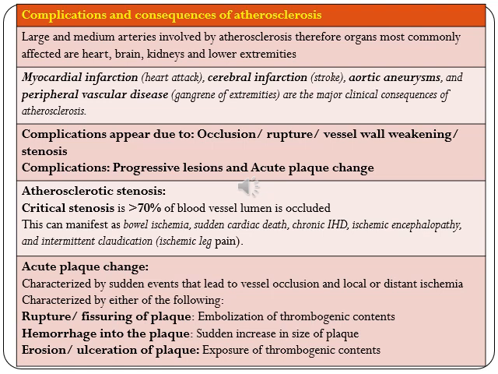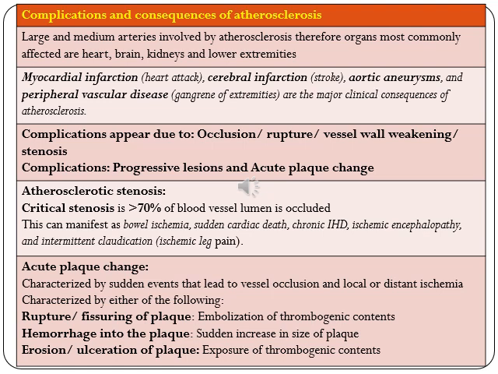This critical stenosis will now compromise the blood supply of the end organ, and this can present as bowel ischemia, sudden cardiac death, chronic ischemic heart disease, ischemic encephalopathy, and intermittent claudication. So this is a progressive lesion, which is stenosis of blood vessels, which can ultimately reach a point of critical stenosis and then lead to impaired blood supply of the end organ.